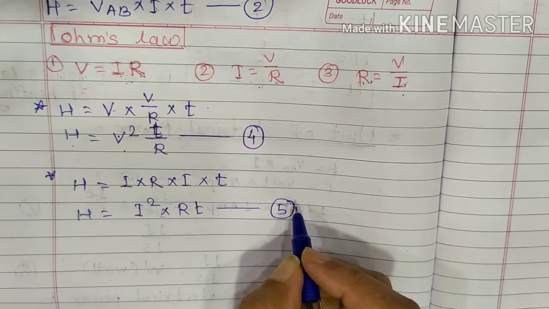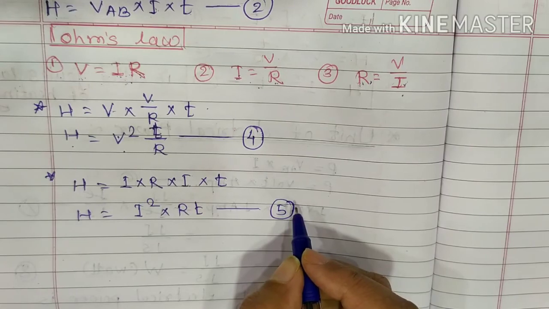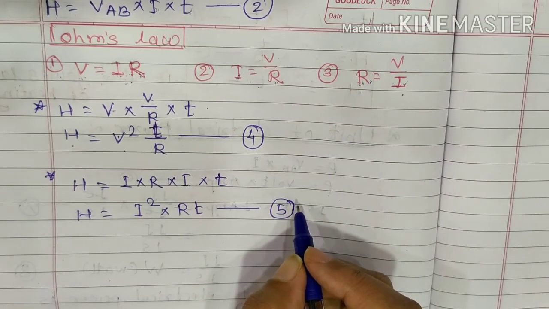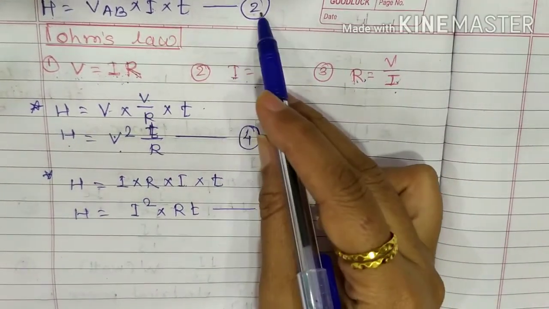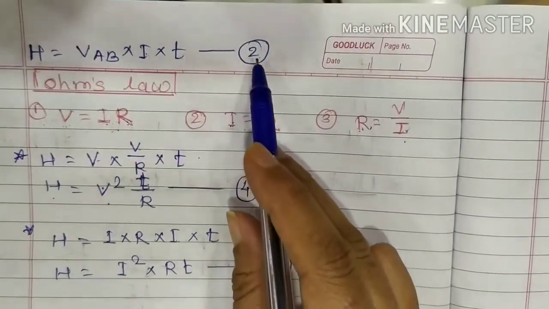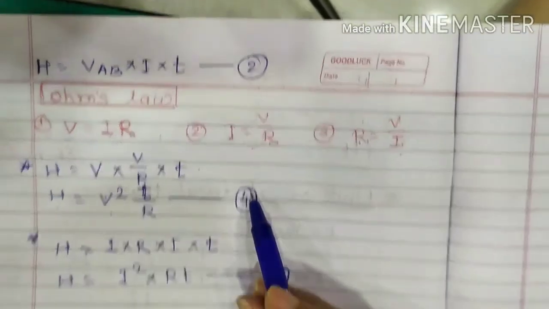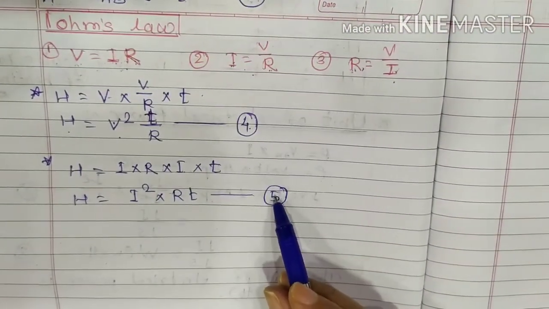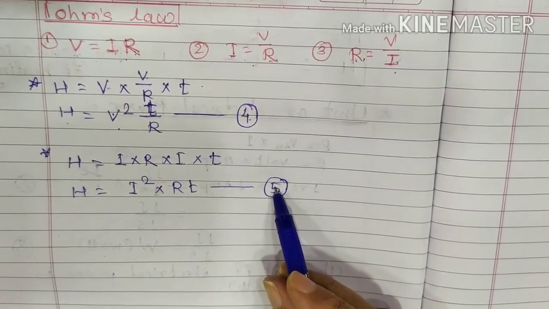So we get 3 formulas for finding the heat. These are equation number 2, then equation number 4, then equation number 5.